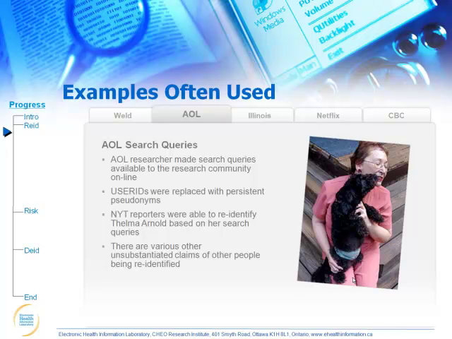The idea there was to make data available for the research community to do more research on search queries and analyzing search queries, etc. It was 630,000 odd users in that data set. They removed the names of the users and created persistent pseudonyms, so you can track users over multiple search queries.